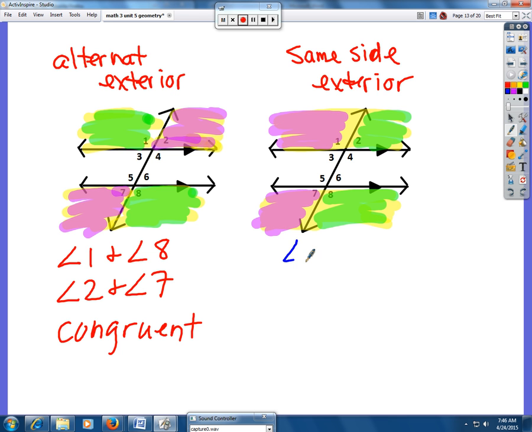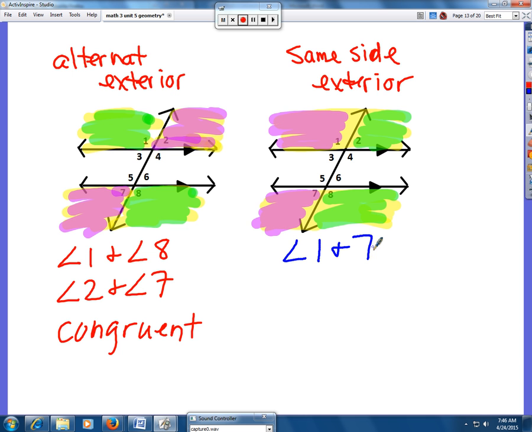So angle 1 and angle 7 and angle 2 and angle 8. Now, the special property about these, I bet if you look at this, you can figure out, are they congruent or are they supplementary? Well, since 2 and 4 are supplementary and 4 is pretty much the same as angle 8, we're going to say these have to be supplementary.